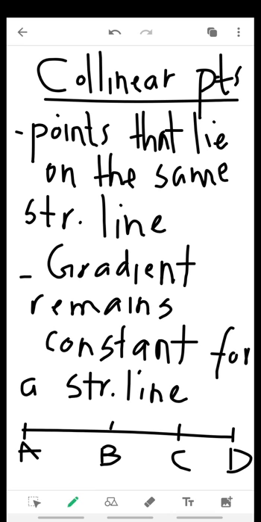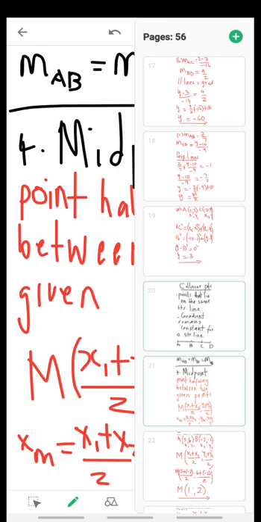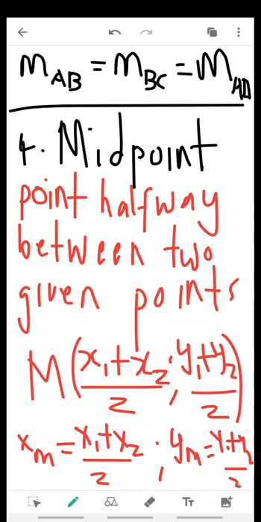That is all about collinear points. Moving on, this is how we write it mathematically: small m AB equals small m BC equals small m AD. All gradients are equal. Last point, midpoint. What's a midpoint? I think I've already spoken about this.